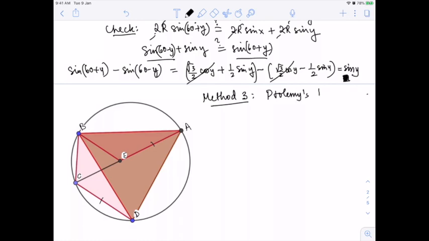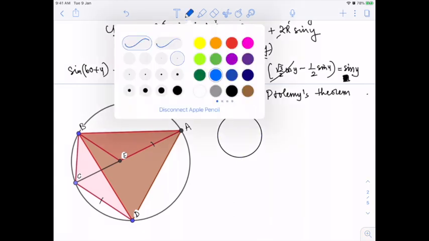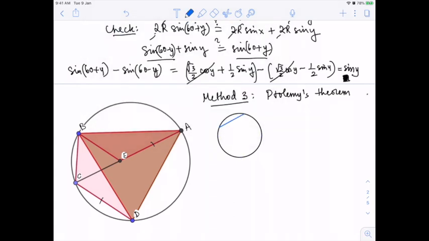If you don't know what Ptolemy's theorem says, it says the following. Supposing you have a cyclic quadrilateral in a circle. Let's say the vertices are A, B, C, D, and the diagonals are BD and AC.